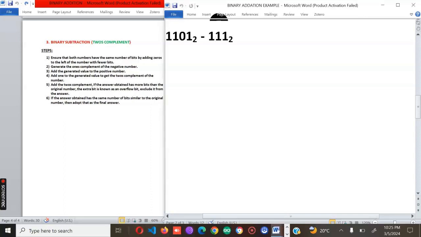So for the negative one, we will have 0, 1, 1, 1.